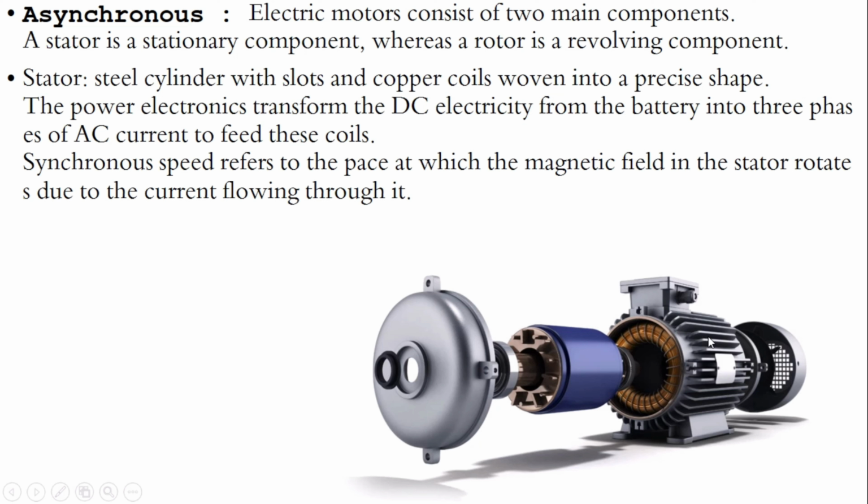It's stationary and does not rotate, and it consists of a number of copper wires which are wrapped into coils. It's a three-phase induction motor, as I said, but there are separate sets of coils in the stator, and the end of each set is attached to the terminal.